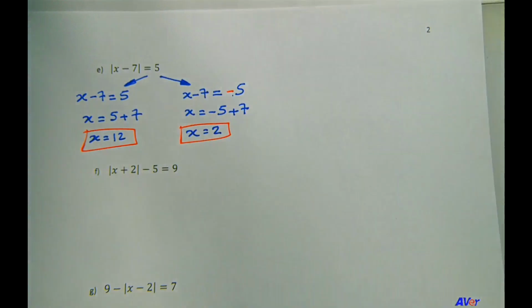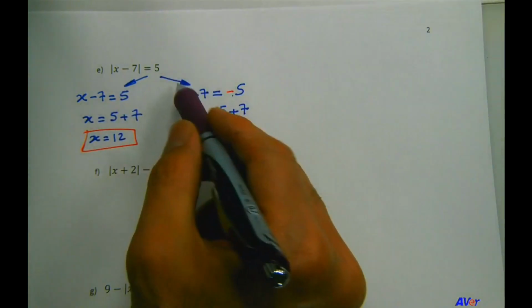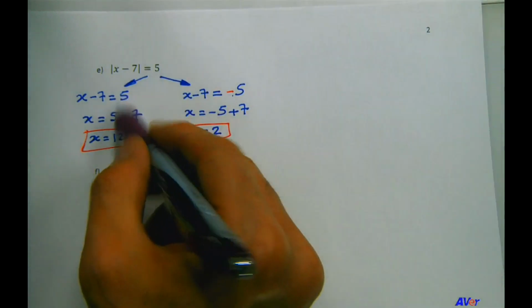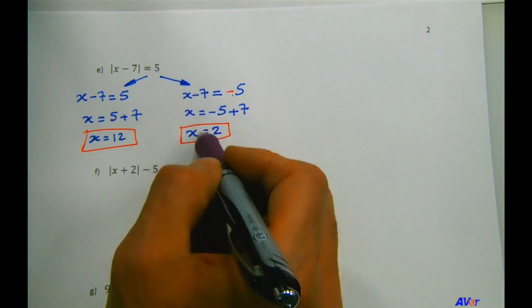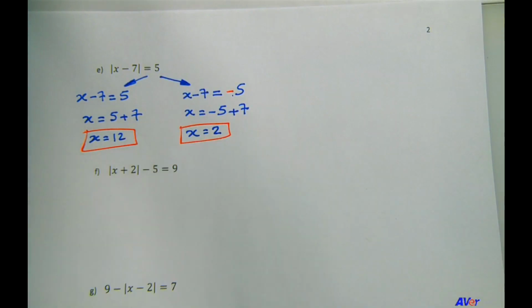Do you have to check these? No. If you've done everything correct, these numbers must be correct. It's not like the radical expressions and the rational expressions which we saw in the previous video in section 3.4. This is not like that.